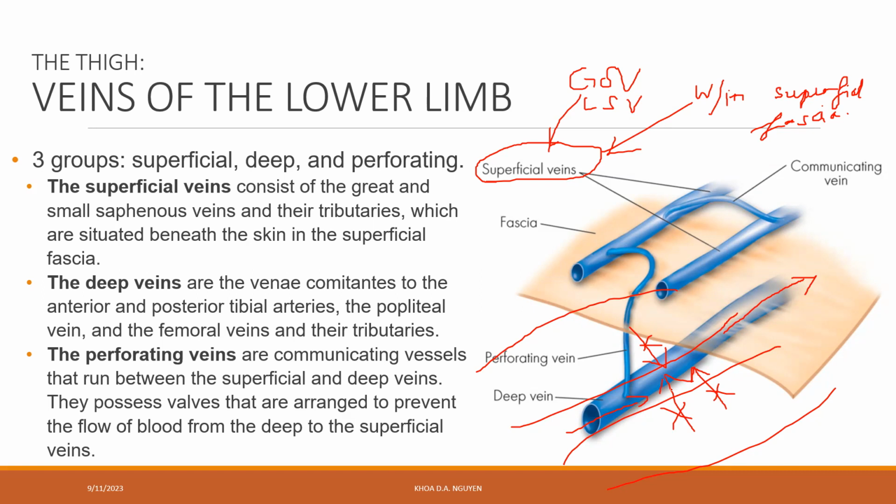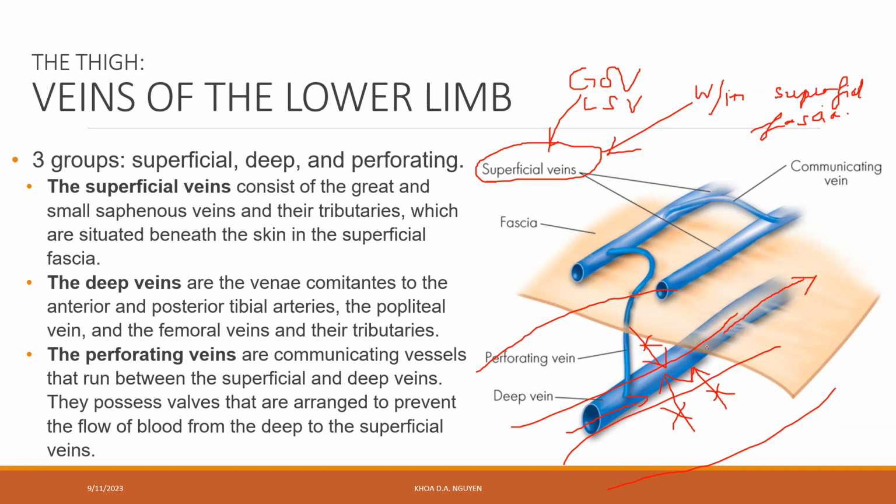Those clots are going to form, and they will travel all the way to the heart, to your right atrium, then down to your right ventricle, and be pushed over to the pulmonary artery, going into the pulmonary vessels, where they get stuck and cause all sorts of bad problems. Because of that, deep venous thrombosis is a very important correlate when you learn about the deep veins in this region.